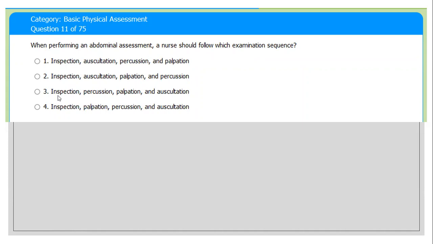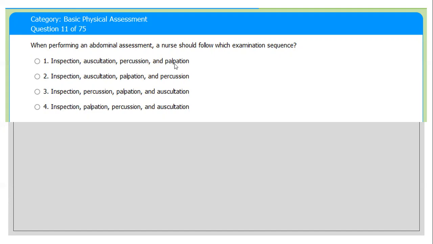Then during the examination, first of all we look, which is called inspection, and the last step is palpation.